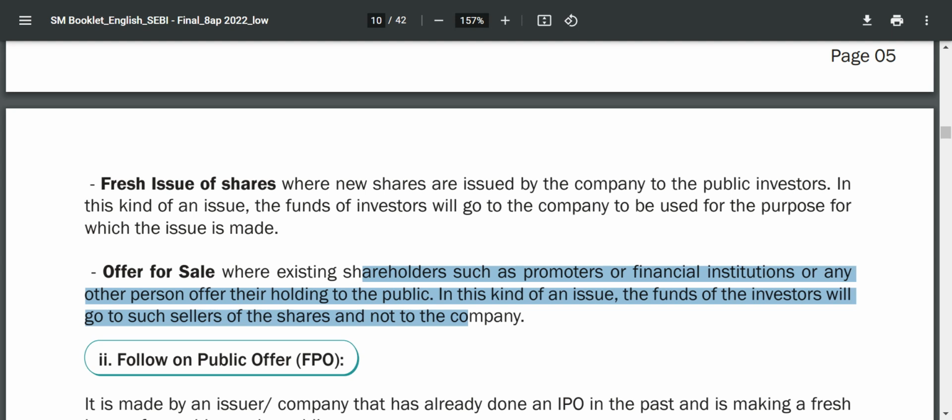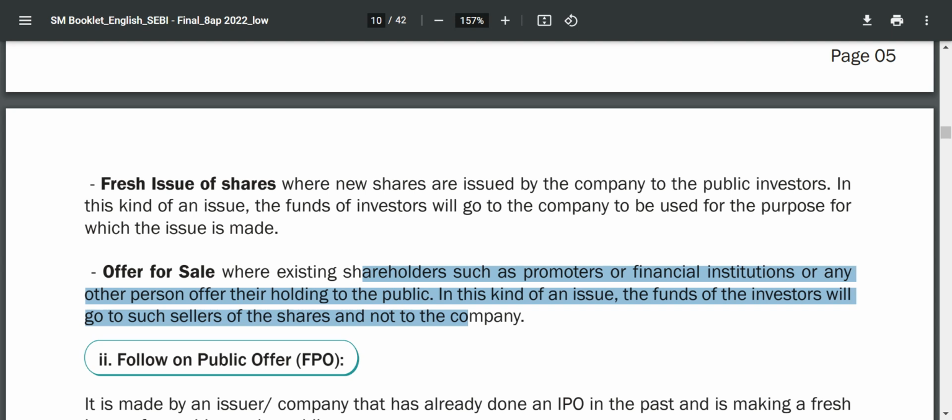In the offer for sale, the funds raised from the market by selling the company's securities go to the pockets of the company's promoters, financial institutions, or any other persons in exchange for their securities of the company.